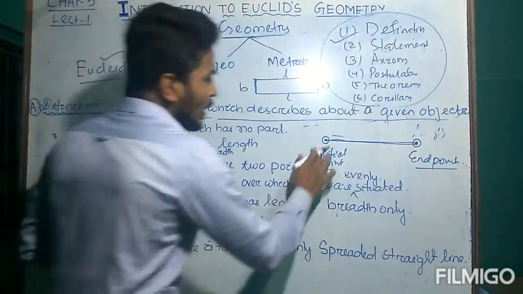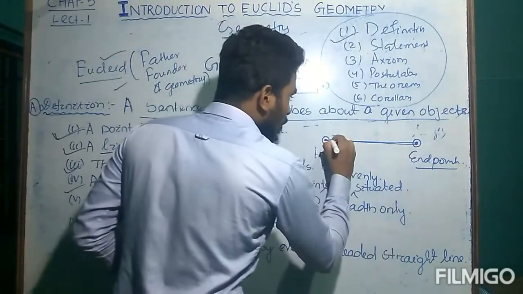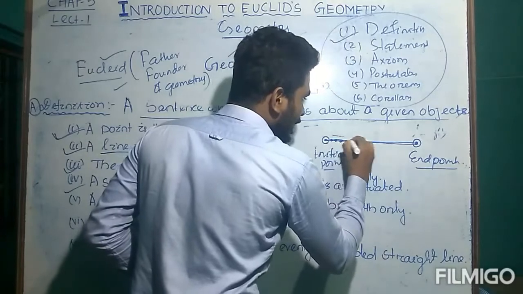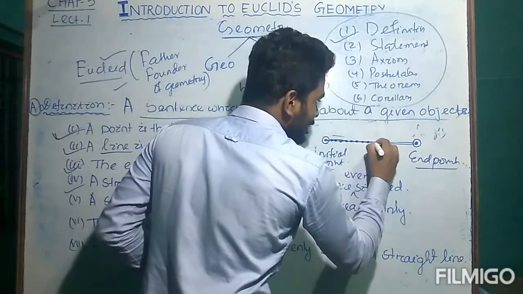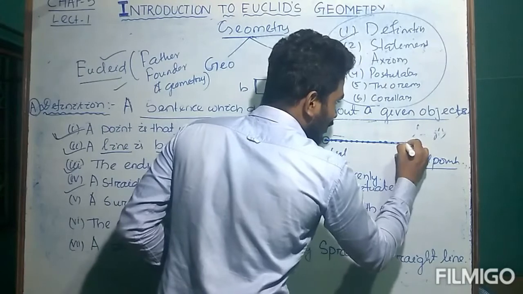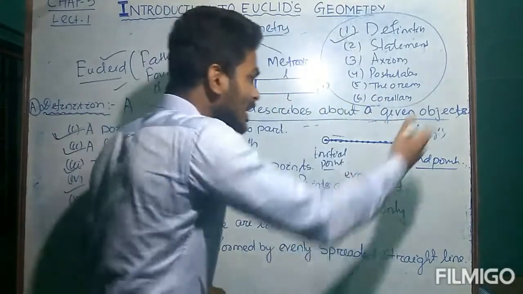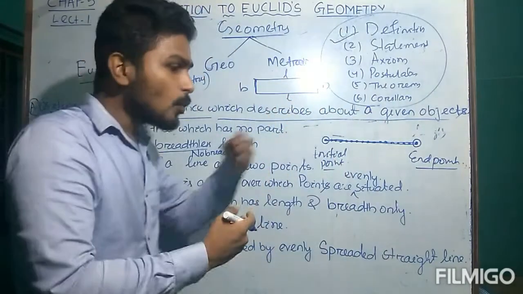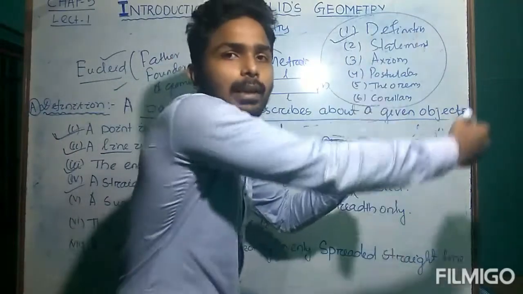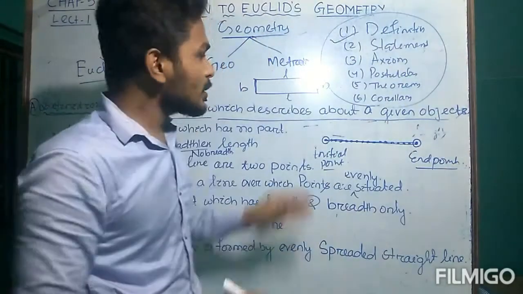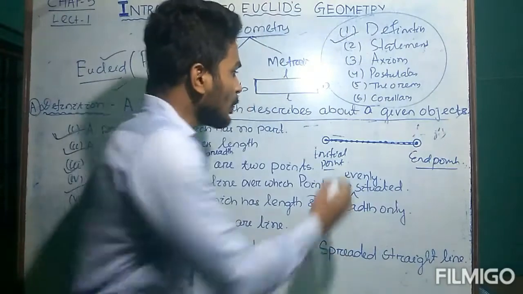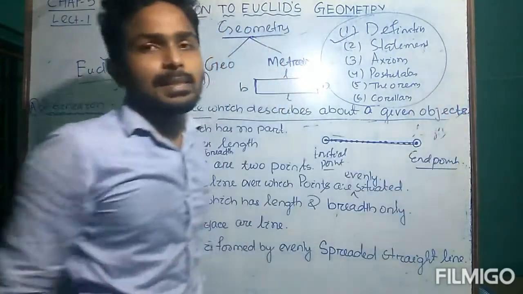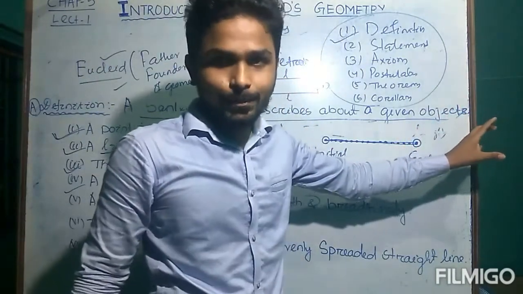Now you can see on a line you can draw many points over it, an infinite number of points, situated evenly, one after another.